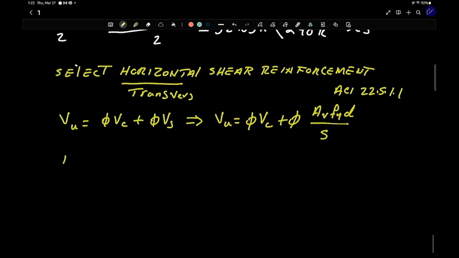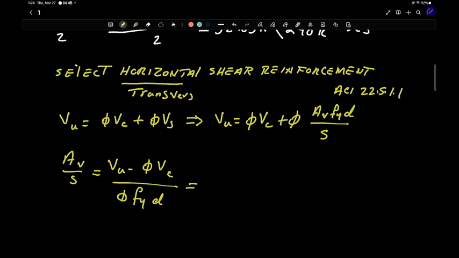So Av divided by s is equal to Vu minus phi times Vc, divided by phi times fy d. We plug that in, it becomes 240 minus 0.75 times 138.8, divided by phi, which was 0.75.